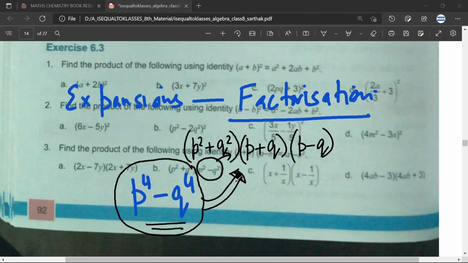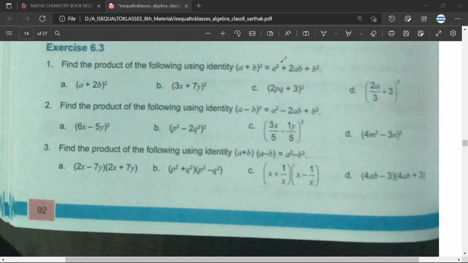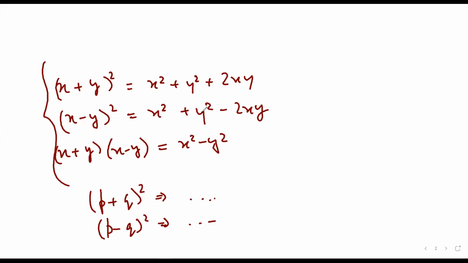Any doubt? No, sir. So basically, what I'm trying to tell you is that we should be able to see the identities from left to right as well as from right to left. In expansions we go from left to right, but in factorization questions, we will go from right to left. Any doubt till here? No, sir.